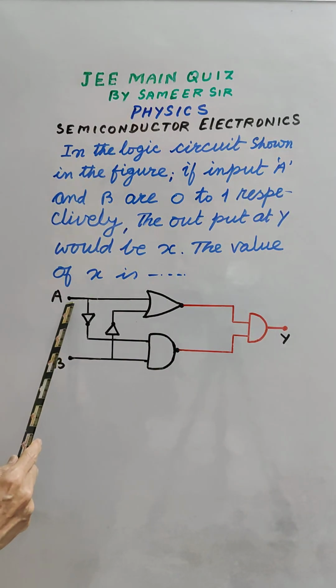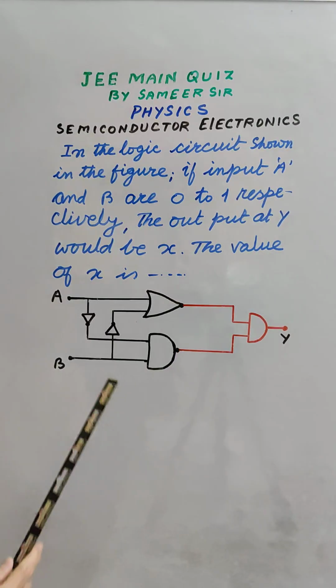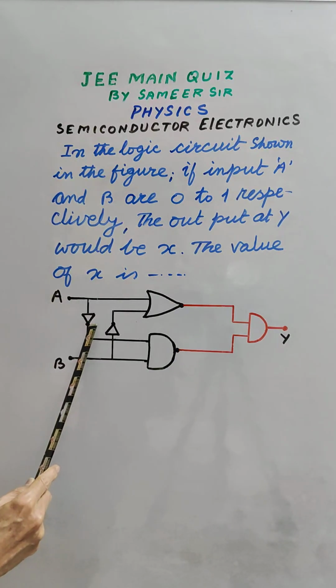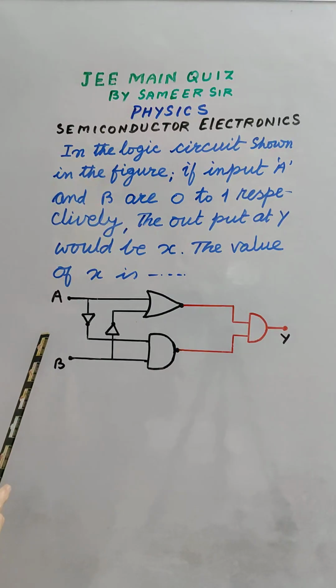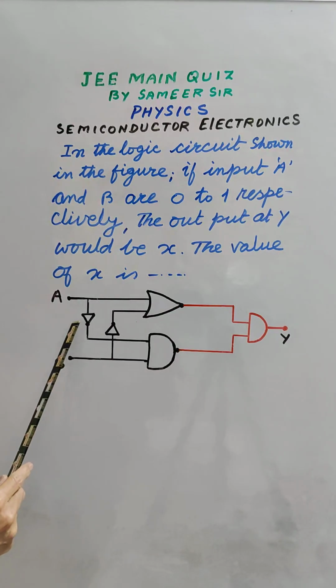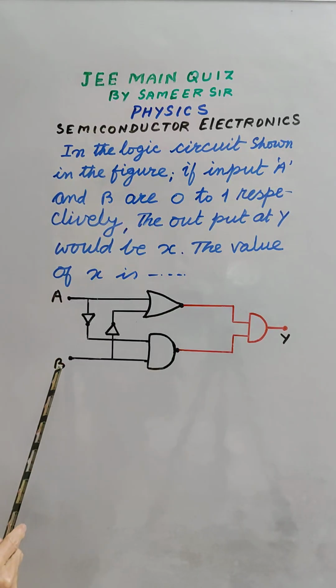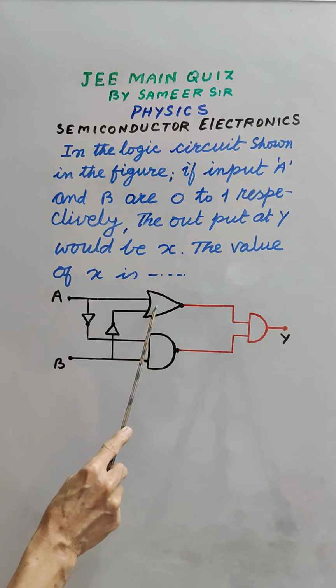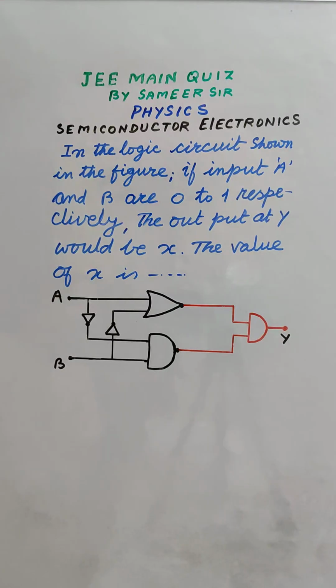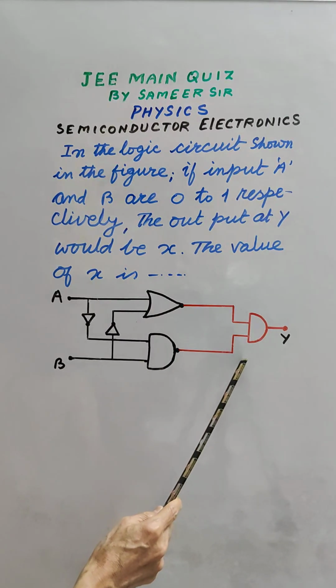This is A, and this is known as NOT gate or inverter. It flips 0 to 1 and 1 to 0. This is known as OR gate, and this is known as AND gate, and this is NOR gate.